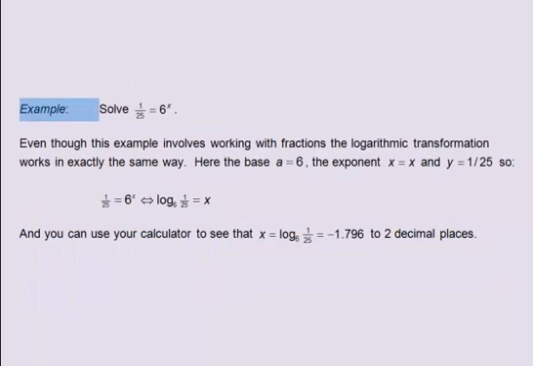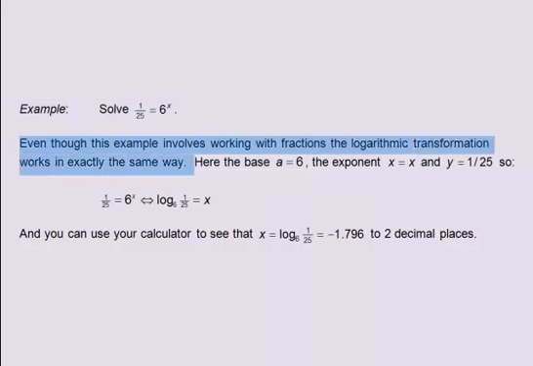Example: solve 1 over 25 equals 6 to the power x. Even though this example involves working with fractions, the logarithmic transformation works in exactly the same way. Here, the base a equals 6, the exponent x equals x, and y equals 1 over 25.